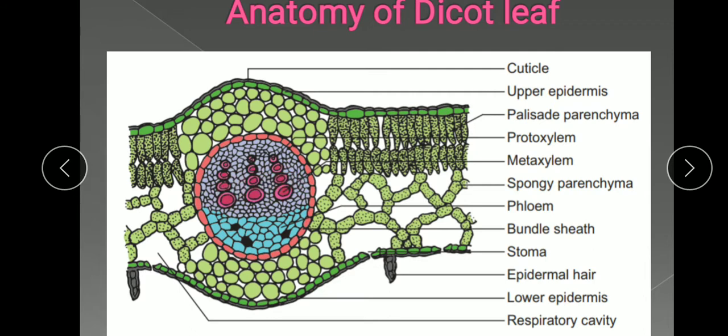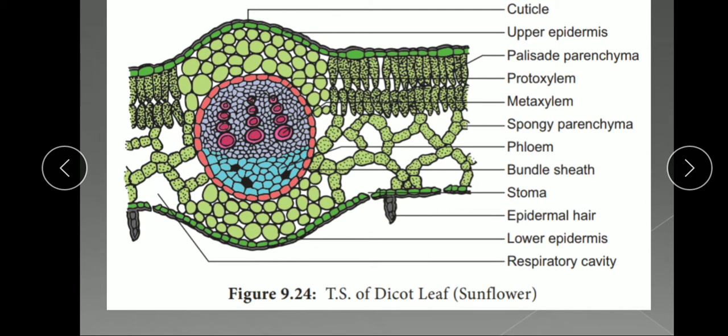Xylem and phloem lie together on the same radius, and the xylem of the vein lies towards the upper surface and the phloem towards the lower surface.